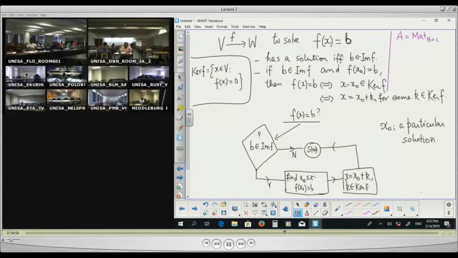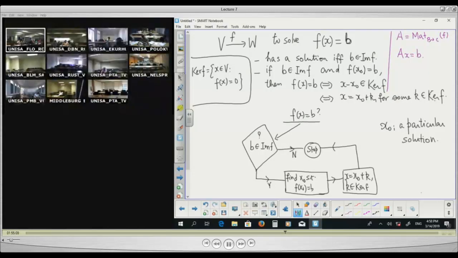So I'm saying now I have to find x such that this linear system of equations has a solution. Now what do I mean? I have to find an algorithm for this. So I use my experience. I saw that the moment I write things in the reduced echelon form, things become very simple.